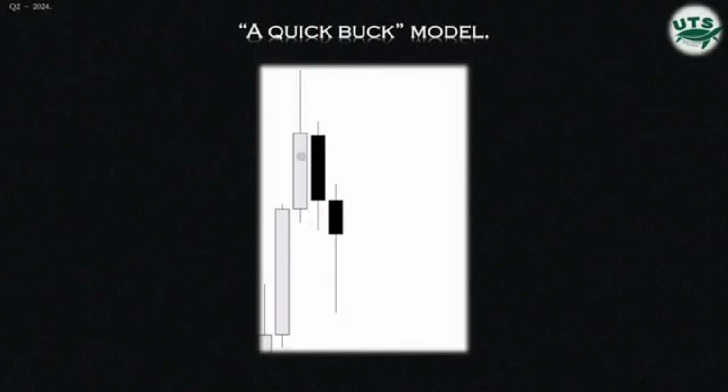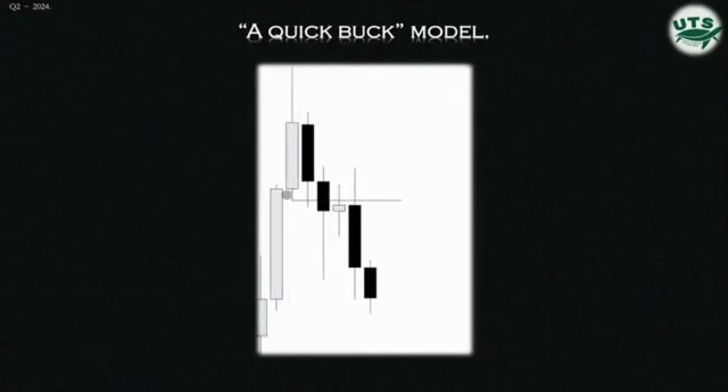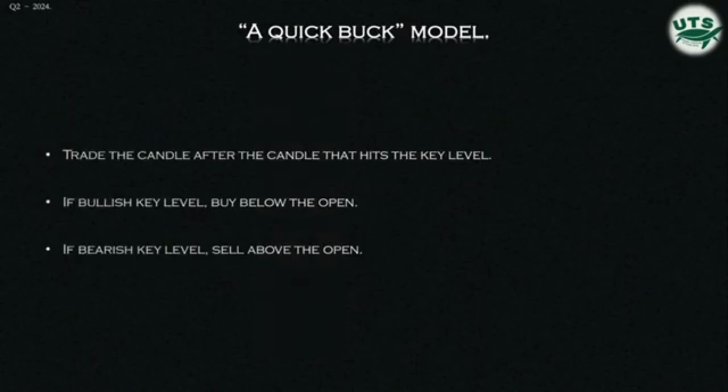Assuming there's an old high, and there is, and this is a chart you should be familiar with. It's a higher time frame, important asset chart, excuse me. Candle number 1, chop, and the candle after the one that touched the key level is smooth sailing. Right, so in summary, trade the candle after the candle that hits the key level.